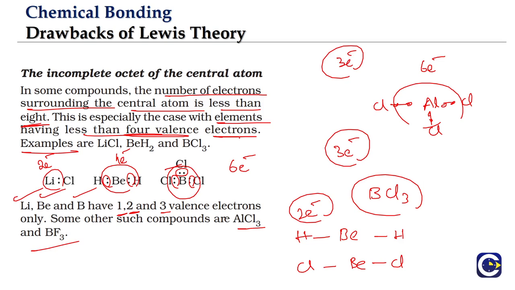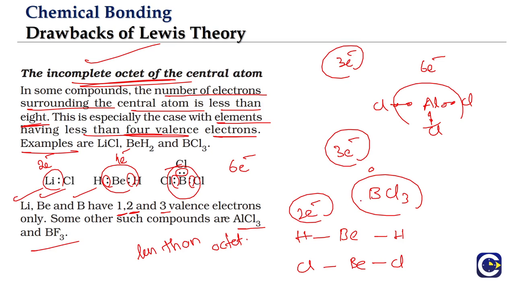These kinds of molecules we call incomplete octet or less than octet molecules. We will talk about their chemical significance later, but we do have molecules where the central atom still has less than an octet arrangement. This is one of the drawbacks of the Lewis theory, because as per Lewis theory, if boron is engaging in bonding, it should be able to reach a stable arrangement of 8 electrons in the valence structure.